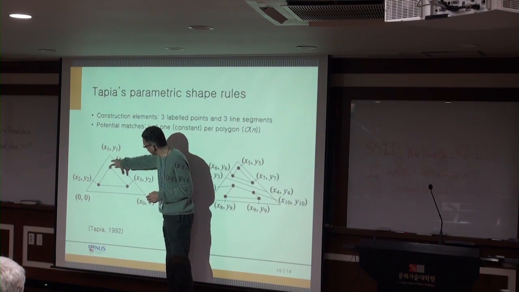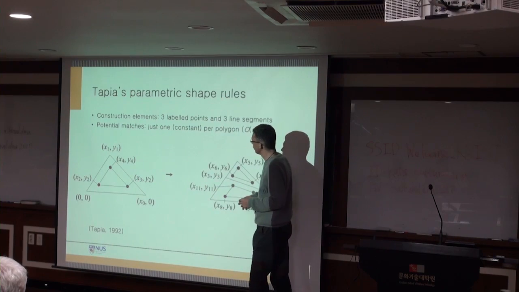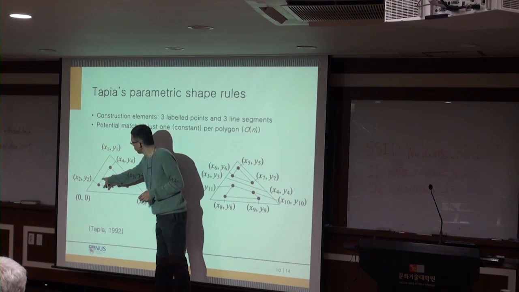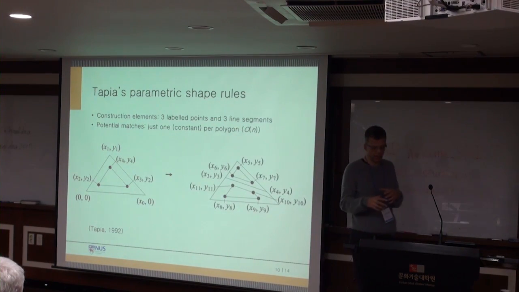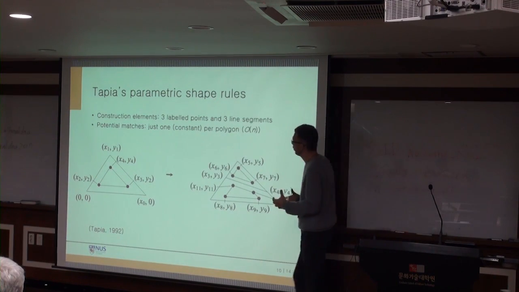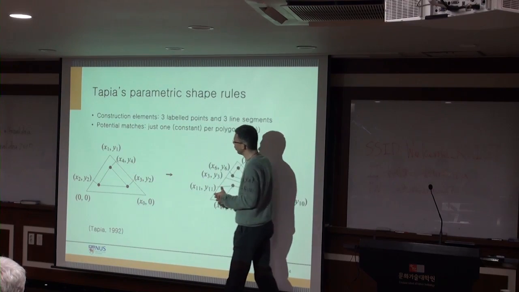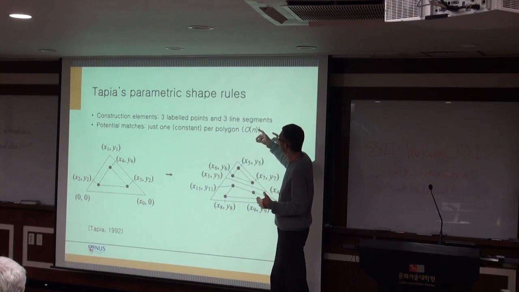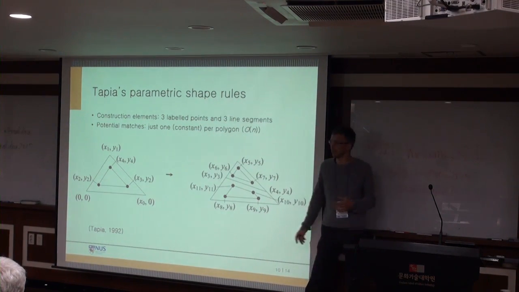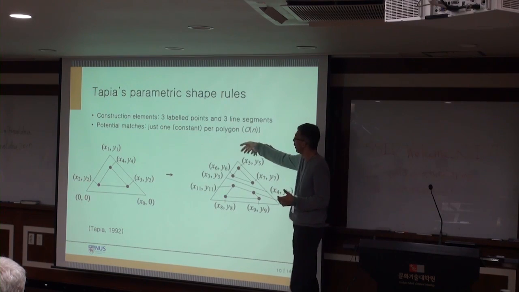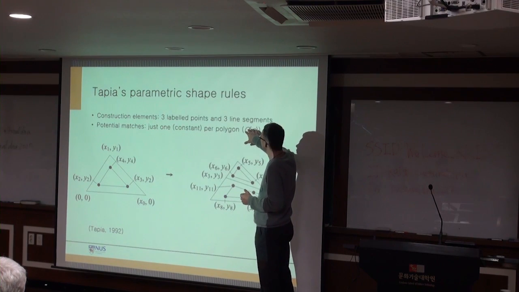The triangle is actually scaled to half the size within it, and as a result, we can now do matches on the three points. They have labels, which should be parametric labels, of course. Then if we're looking for a particular label, we find in this case three points, and so we only have one potential match per polygon. So in total it becomes on the order of n in the number of polygons that we're interested in applying it to. And so this is a very good result.